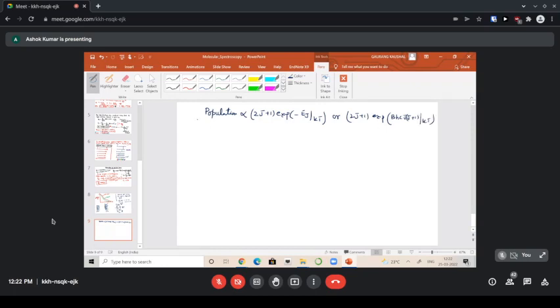Okay, so this is the actual expression for the relative populations of the molecules in the upper level. Any questions, any doubt?